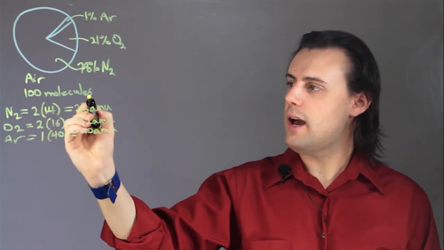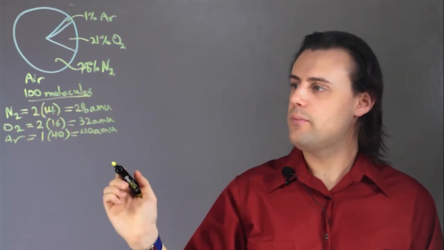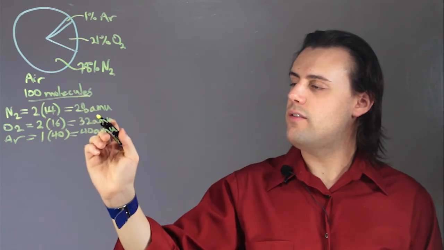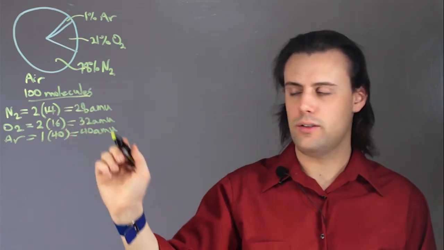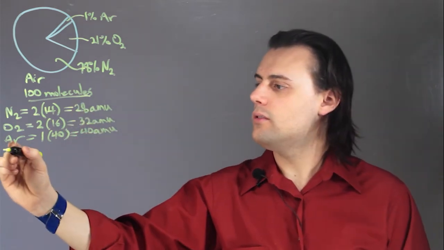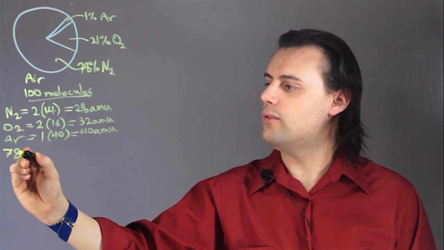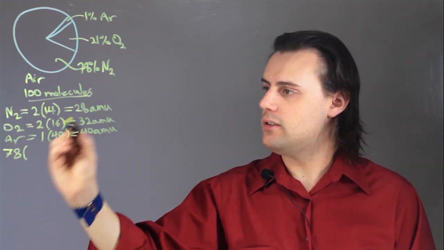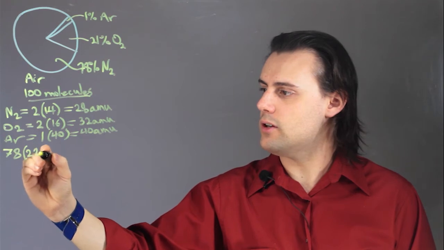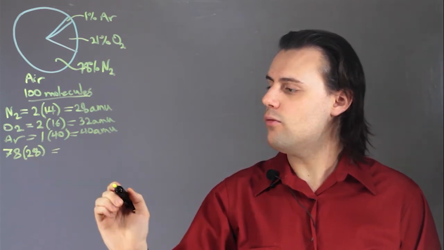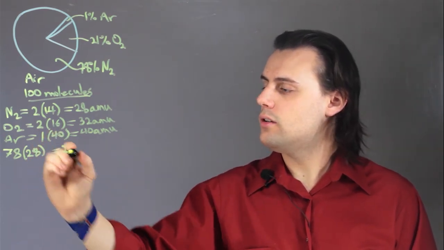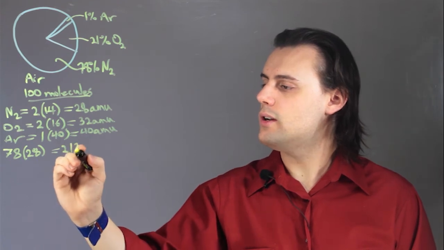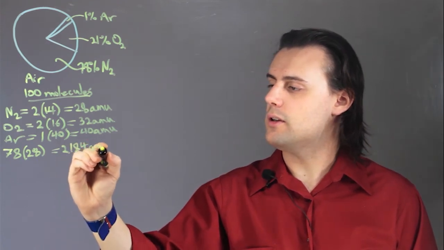Now, if we have 100 molecules of air, then we can find out the total mass of this air. So 78 molecules of N2 times its mass, 28 AMU, is going to be equal to 2,184 AMU.